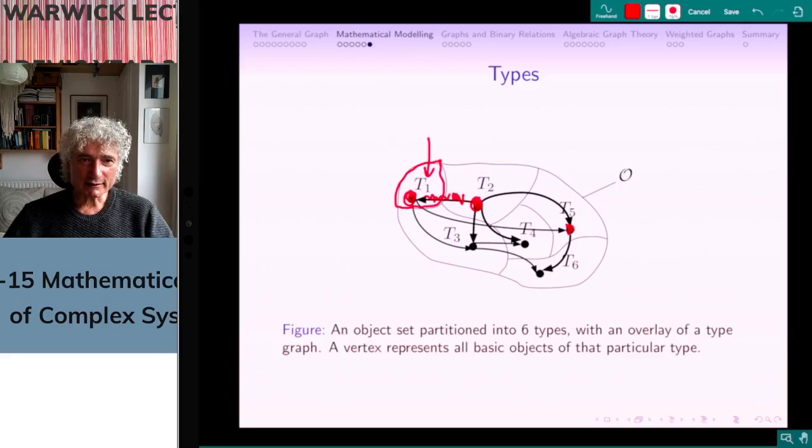So only if we are 100% sure that there is really no influence of one type on the other one, then we wouldn't draw an arrow. So an example would be, here there is no direct connection between T4 and T5.